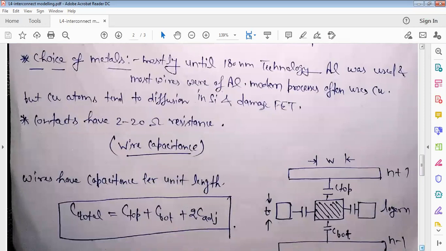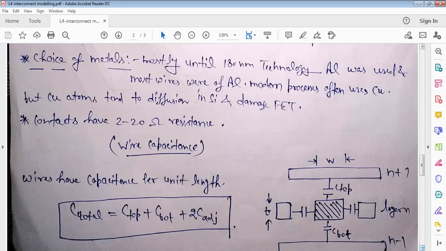Now comes the choice of metals. Until 180 nanometer technology, aluminum was the first choice, and most wires were made of aluminum.